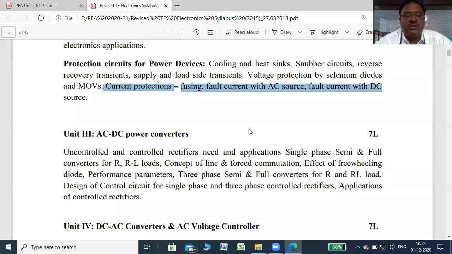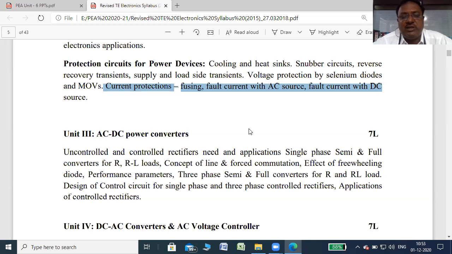So till the second unit, we have seen triggering circuits and protection circuits. Now, from unit number three onwards, we have seen the application of these power devices, right? Application of these power devices, which we have seen in the first unit. Okay. So the first application is AC to DC converter, in which we have seen single phase semi and full converter for R load, for RL load.